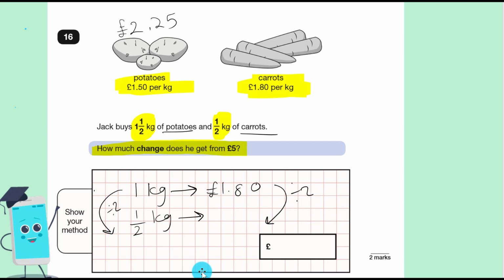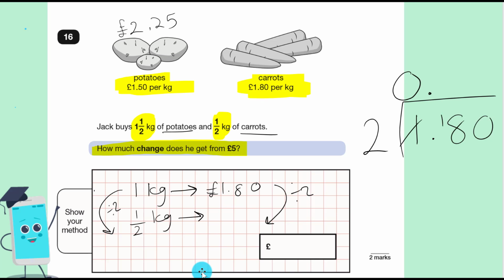So again, I'm going to use my bus stop, £1.80, put my decimal point above. 2 into 1 doesn't go, so I carry it. 2 into 18 goes 9 times, and 2 into 0 goes no times, so I put a 0 there. So it's 90p.